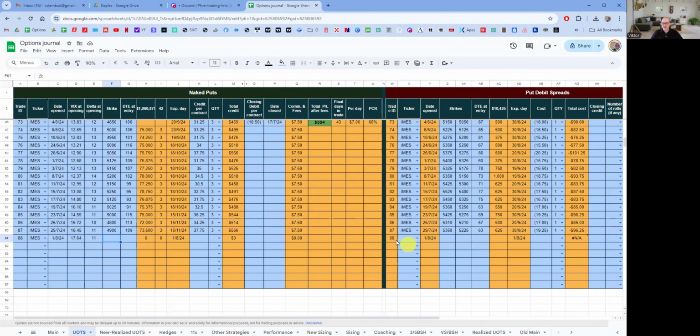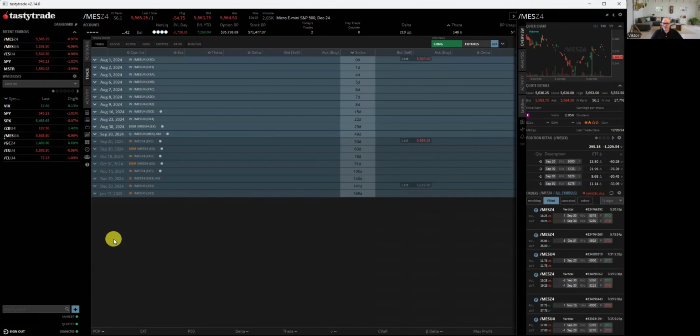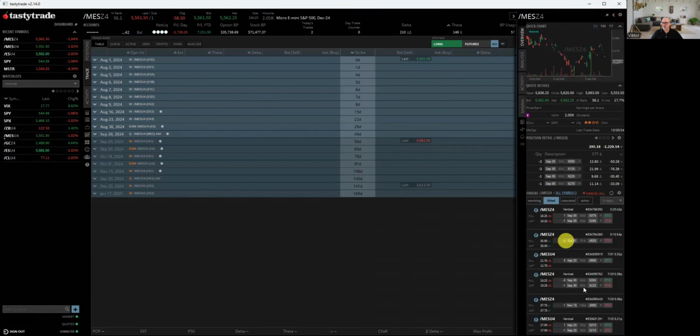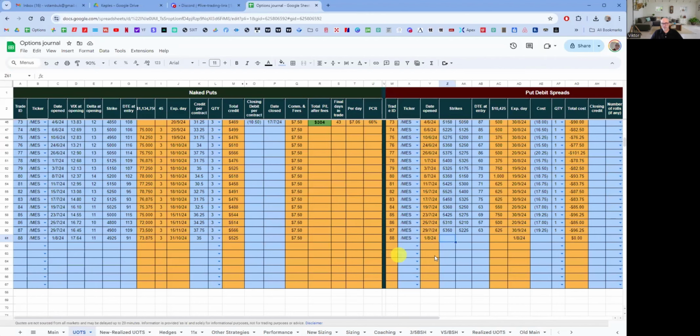Let's go here, and then 49.25 in 91 days, and then we got 35 for 3 naked puts, and then we did one put debit spread here, and the strikes 53.75 and 52.80.